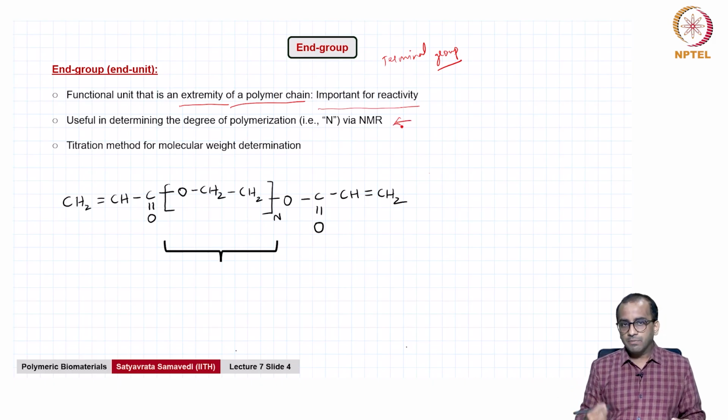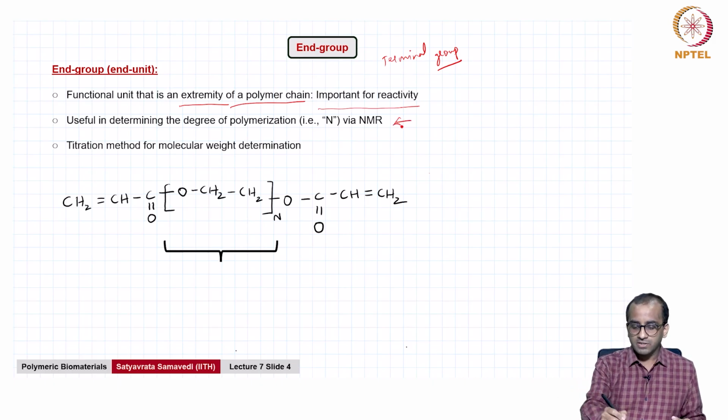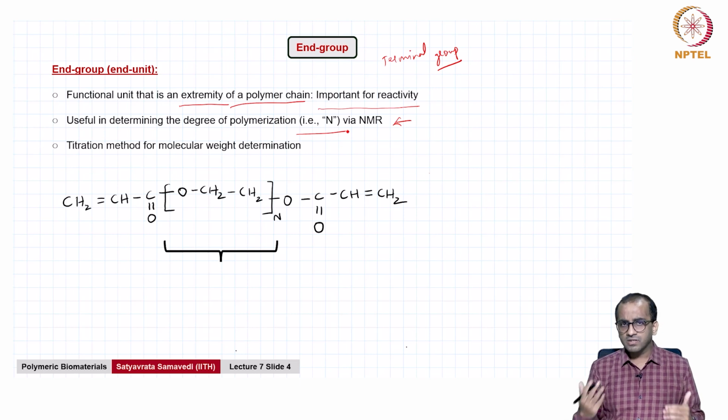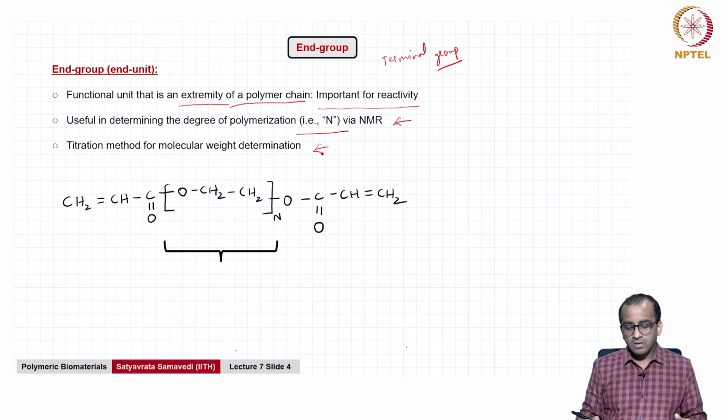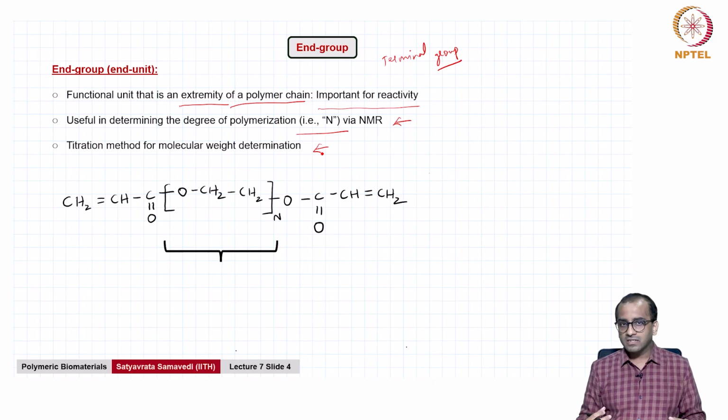End group is typically useful in determining the degree of polymerization, also called N, which is simply the average number of mers in a set of polymeric chains. So it can either be done using NMR, or you can use a titration method for molecular weight determination, essentially a technique where, based on the end group, if you have an acid end group for example, you can titrate it against an alkali, and you find the number of moles of alkali that is used for titration.